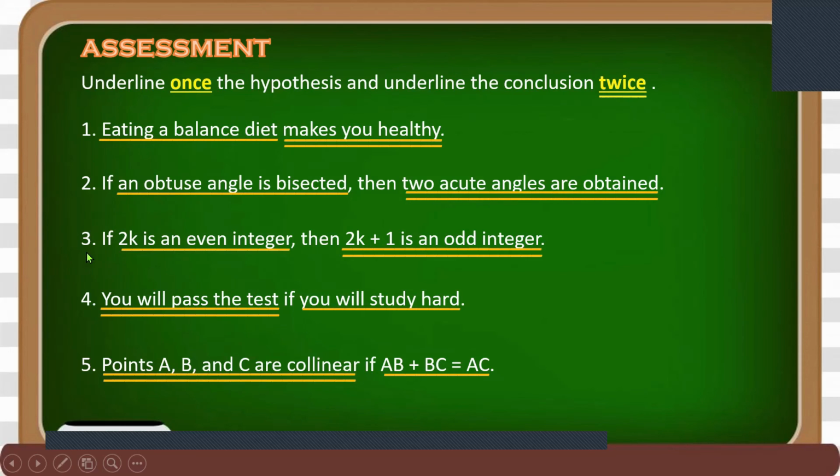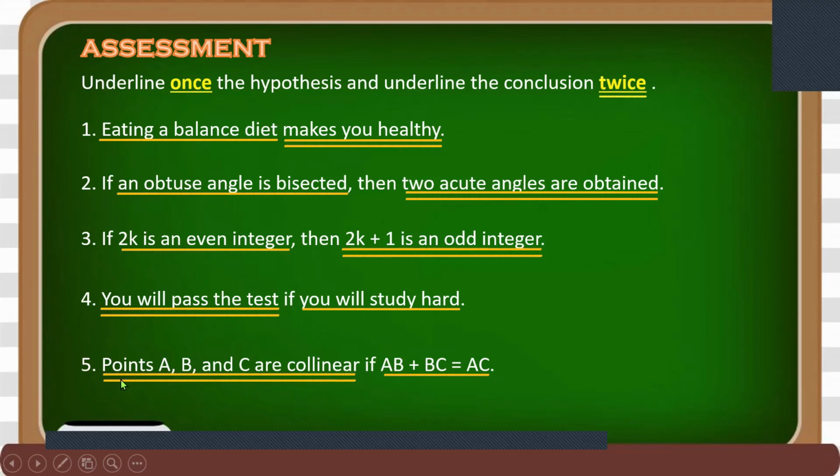For number 3, obviously, if is our hypothesis: 2k is an even integer. Then, our conclusion, 2k plus 1 is an odd integer. For number 4, our hypothesis is you study hard, dahil nandun yung salitang if, di ba? So, huwag tayo palilito. Then, our conclusion, you will pass the test.